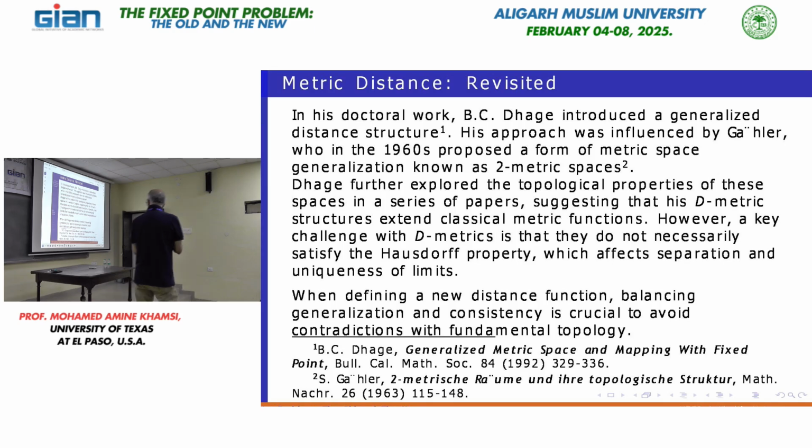Some people were confused about the distance between two sets. They thought that this is the distance. That's not the distance. Let me try to go a little bit faster.